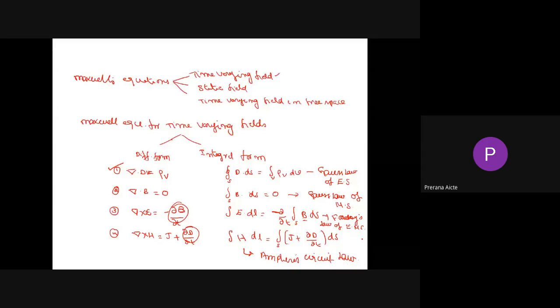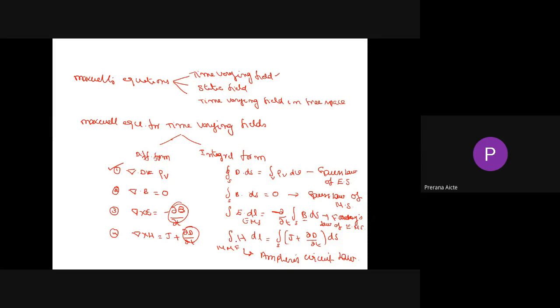Okay, that is equal to J plus dou D by dou t. That is nothing but the magnetomotive force, MMF. Here it is EMF, here it is MMF, magnetomotive force.